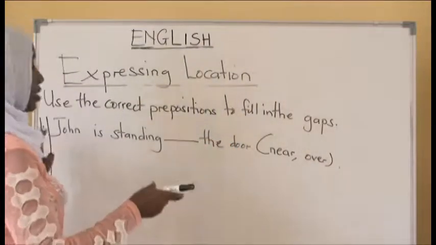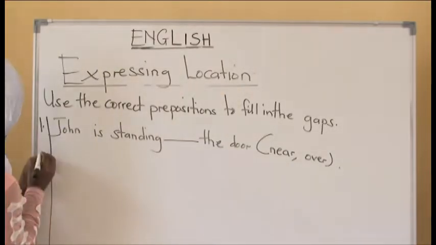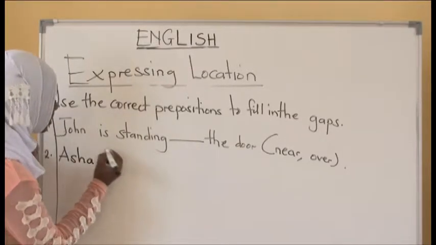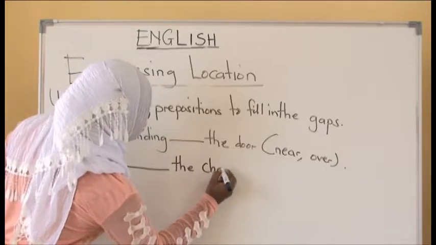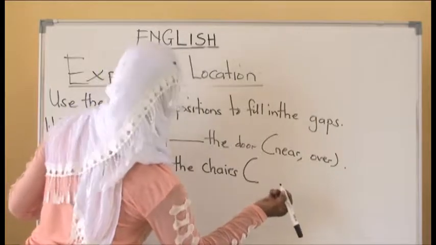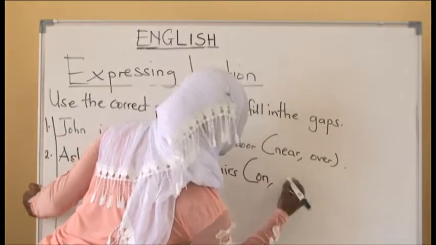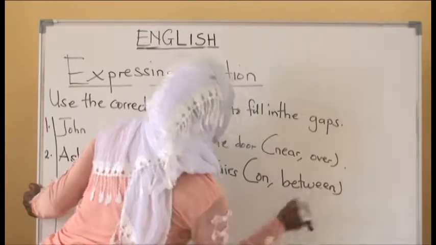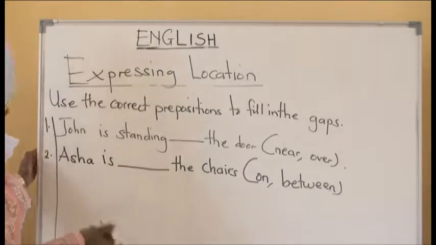So please choose the correct preposition to fill in the gap. Question number 2. Asha is dash dash the chairs. Here we have the word on, we have the word between. So choose the correct preposition to fill in the gap here.